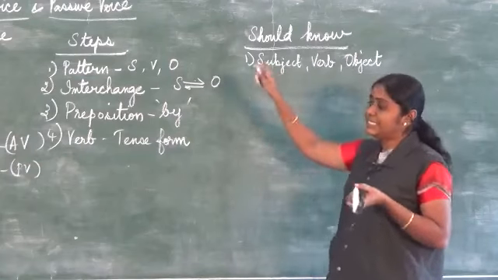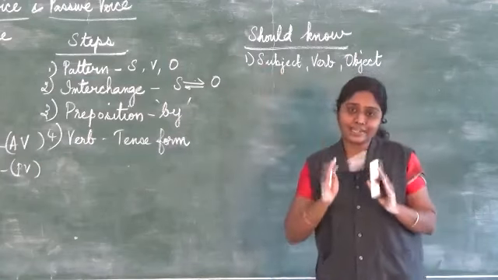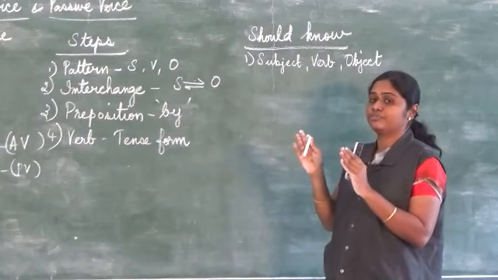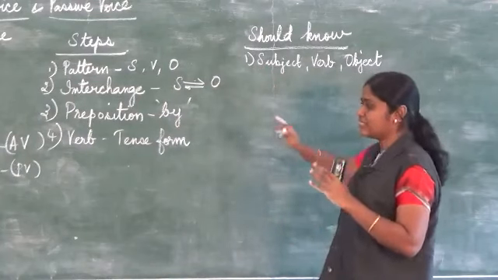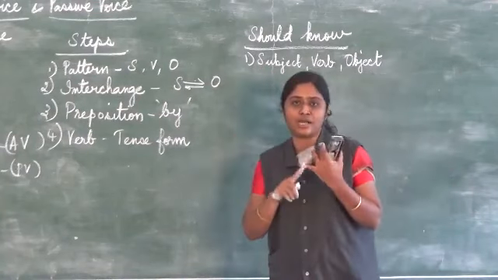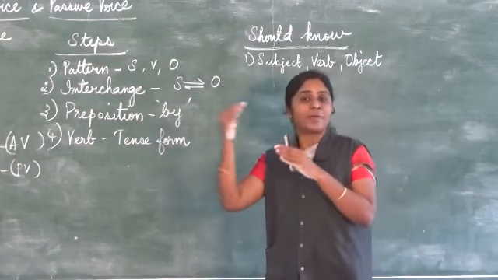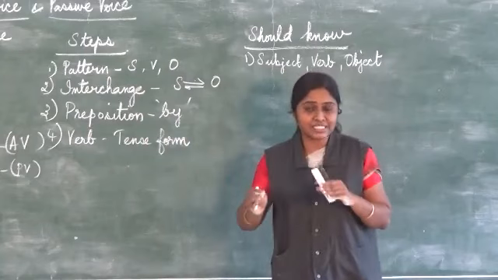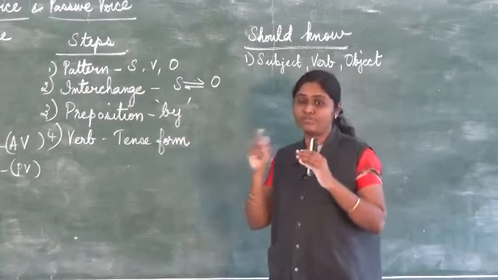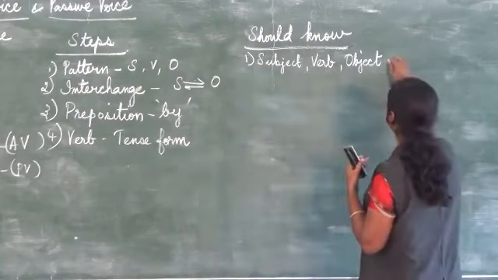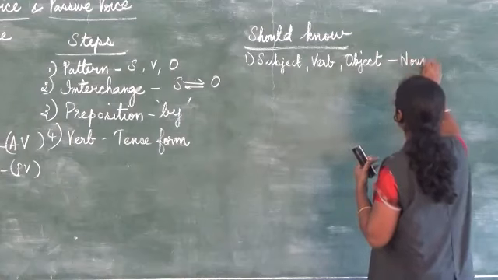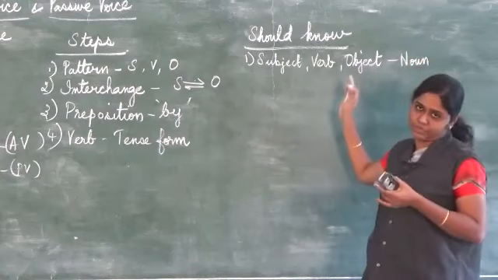I told you, in a sentence, that is in active voice, see in any sentence you will have noun. So in a given sentence, in case they are asking you to change from active voice to passive voice, you should first of all know to identify noun. Noun, we divide it into subject and object.